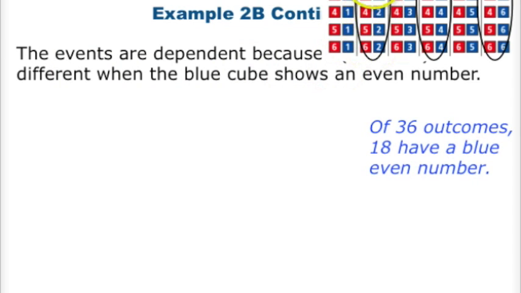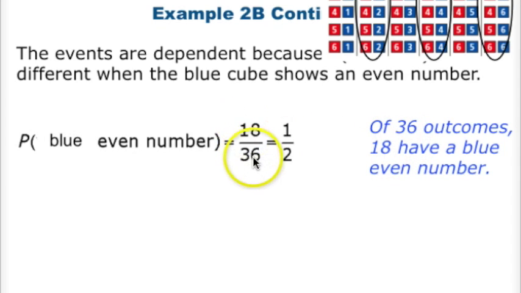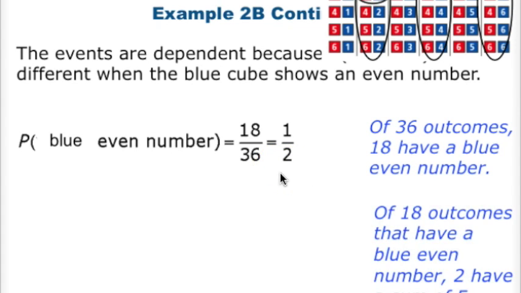These are the ones that have a blue cube with an even number, either all 2s, all 4s, or all 6s. So out of the 36 outcomes, 18 have an even blue number, which gives us half. Out of those 18 that have a blue even number, 2 have a sum of 5.